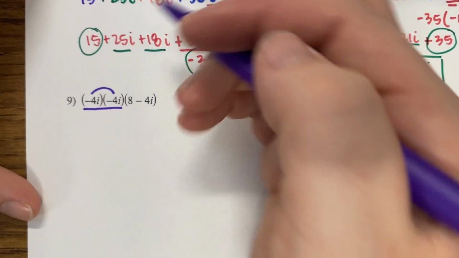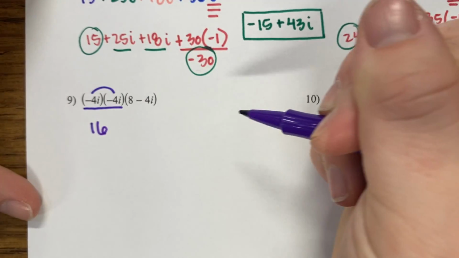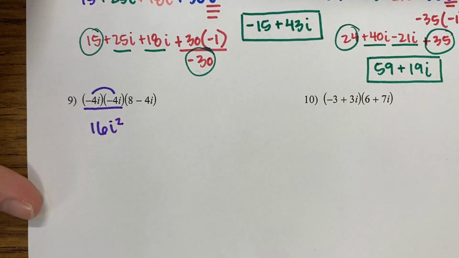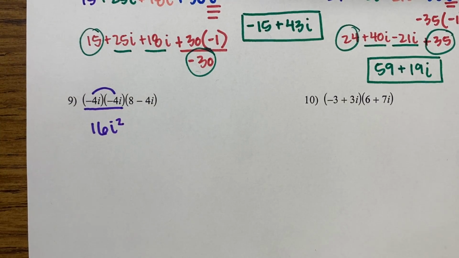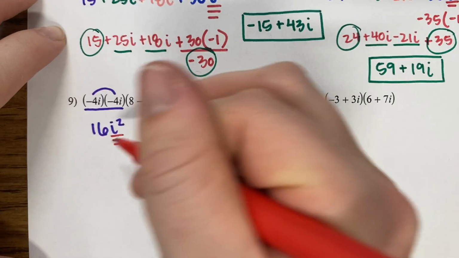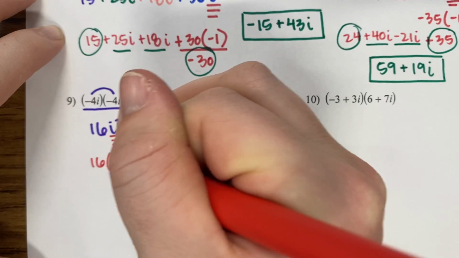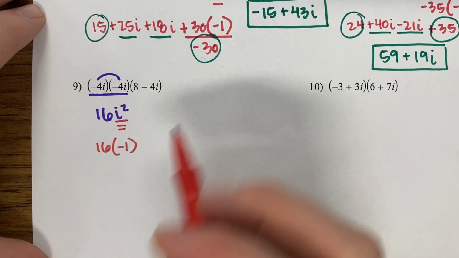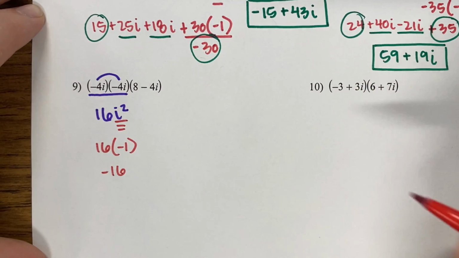Well, -4 times -4 gives me positive 16 i squared. Well then we have our rule. Whenever you see that i squared, it turns into -1. 16 times -1 is -16.